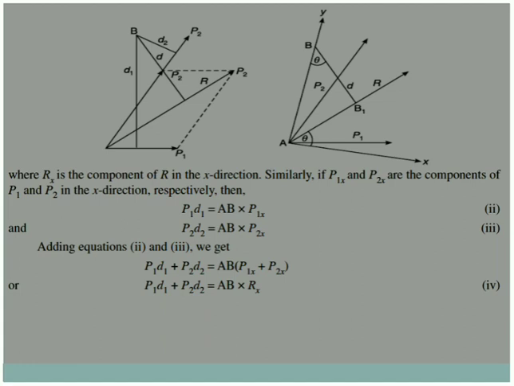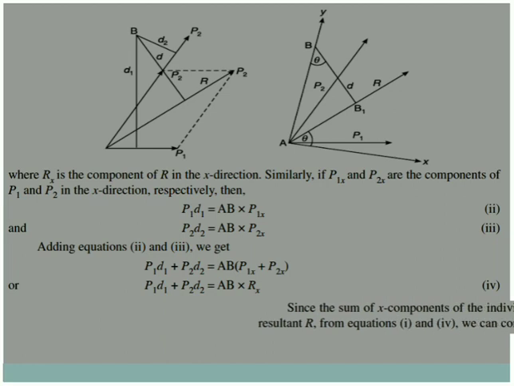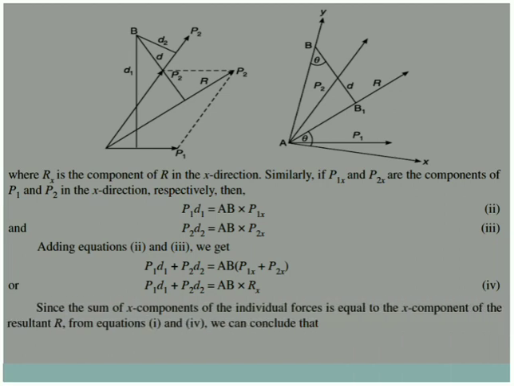When we add them, it is nothing but Rx. So this is your equation 4, since the sum of the x components of the individual forces is equal to the x component of the resultant.